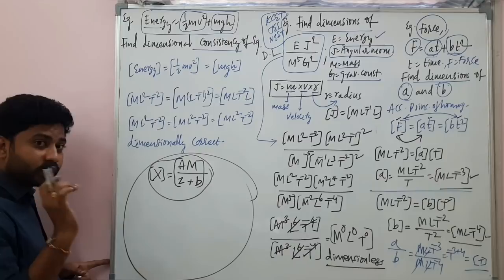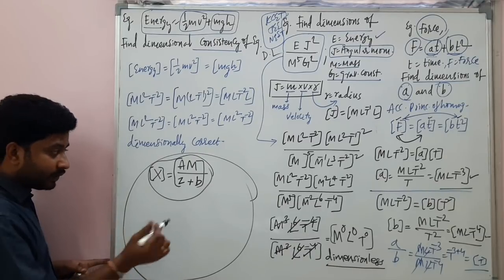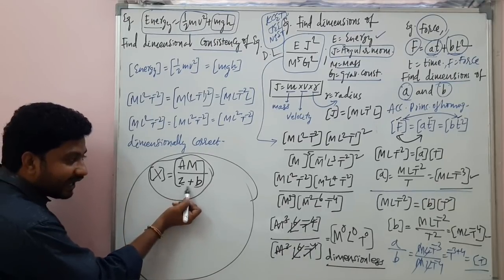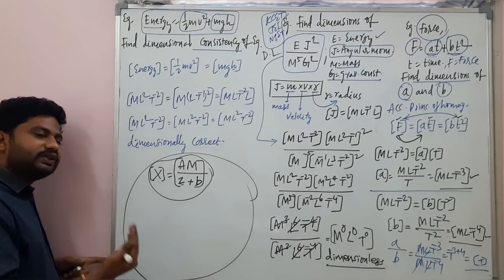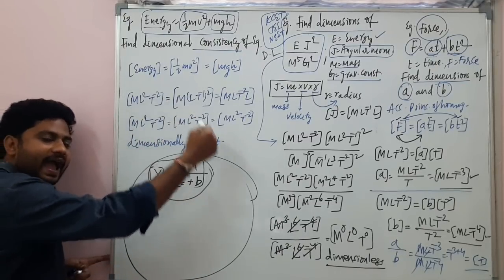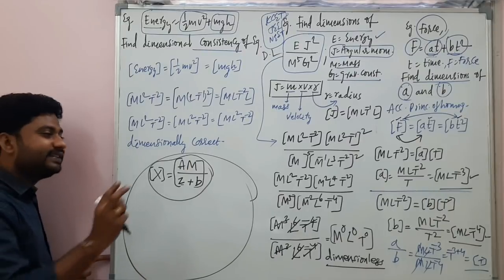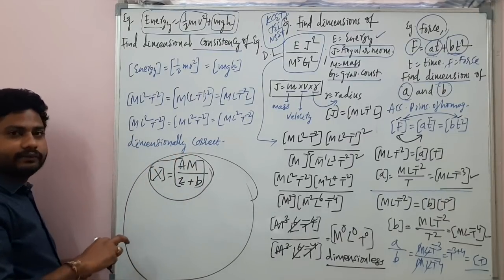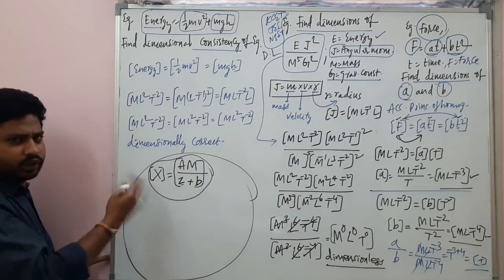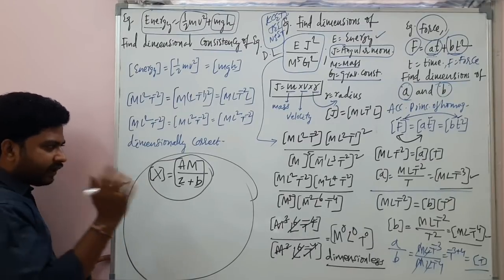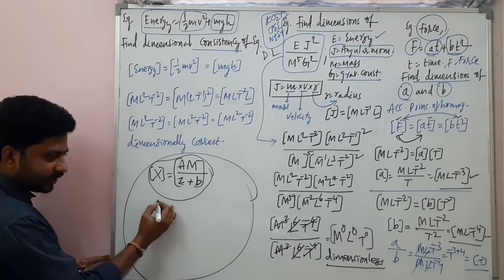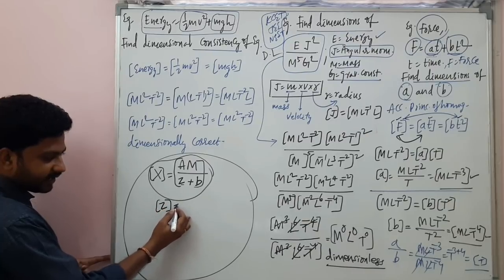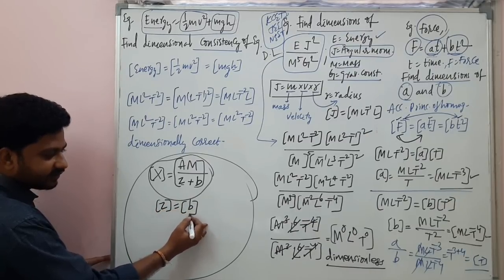And one more very important point I am telling you. Wherever the addition or subtraction is going on, that may be inside an equation given, inside an entity given, inside an expression given, wherever it may be, there is an addition going on. I can say the dimensions of that Z is equal to dimensions of that B.